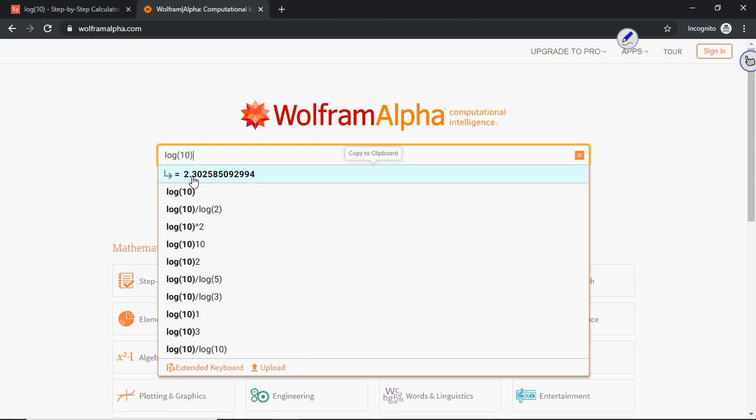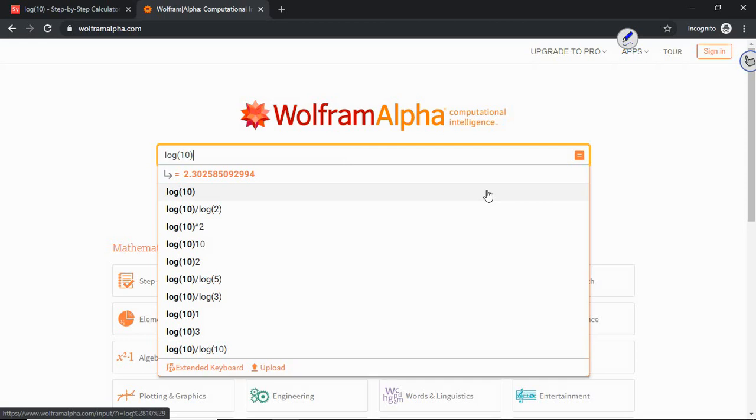Wolfram Alpha doesn't follow that convention. For Wolfram Alpha, if you don't have a base, they assume that the base is e, and that's because having a base of e is so popular in various areas of mathematics and its applications. So Wolfram Alpha is trying to be a math website for the present day, if not the future.